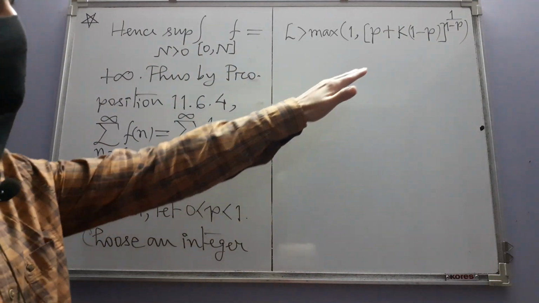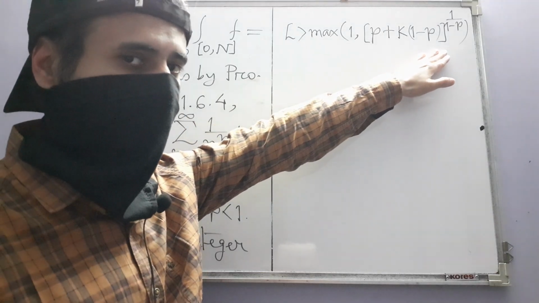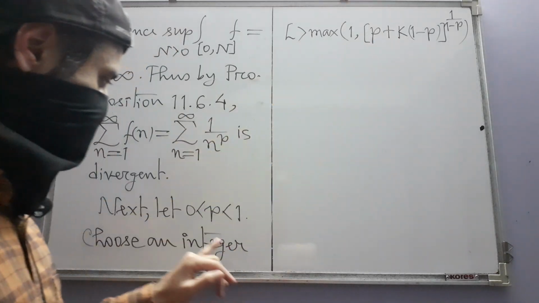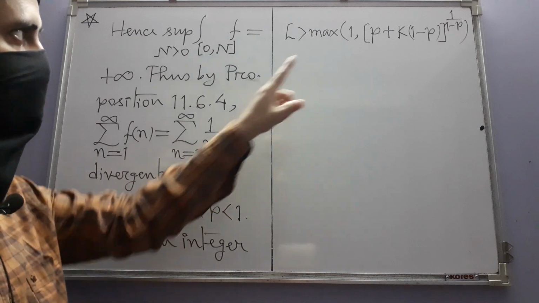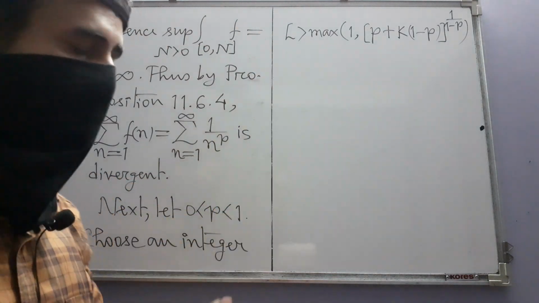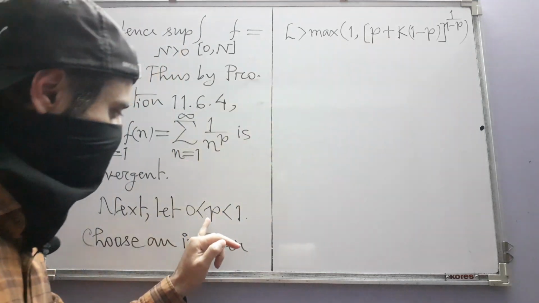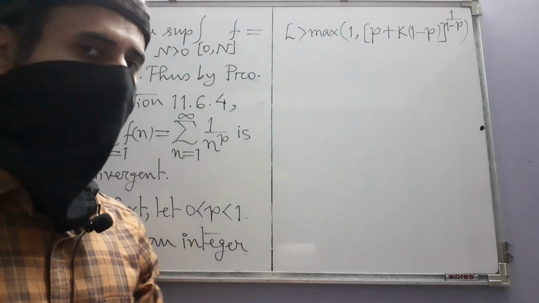The only thing we have to see here is if the base is positive. P is of course positive. K, oh, what is K? K was our K, any K greater than 0. So K already is a positive real number, and because of this inequality 1 minus P is also positive.